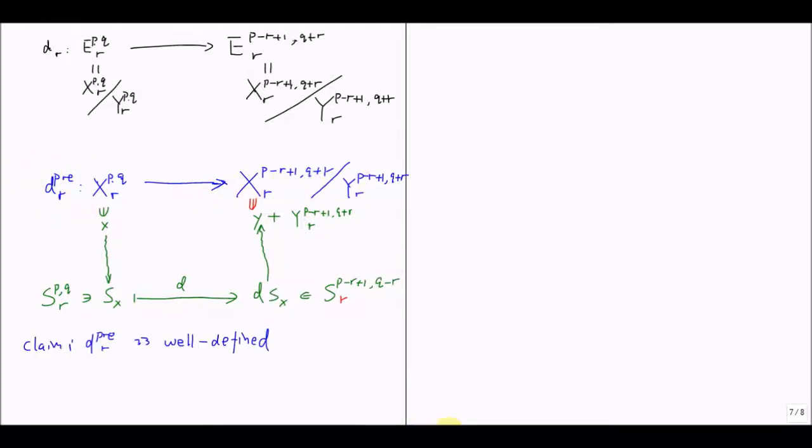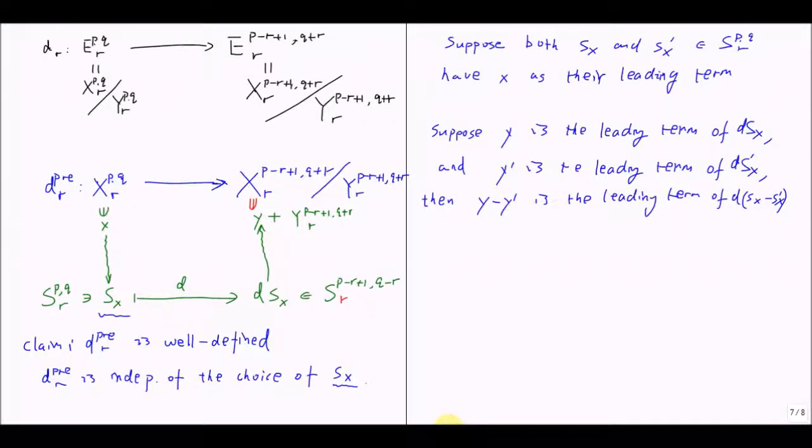And let's prove it. Suppose that y is the leading term of d s_x, and y prime is the leading term of d s prime sub x. Then it follows that the difference of them is the leading term of the difference of s_x and s prime sub x.